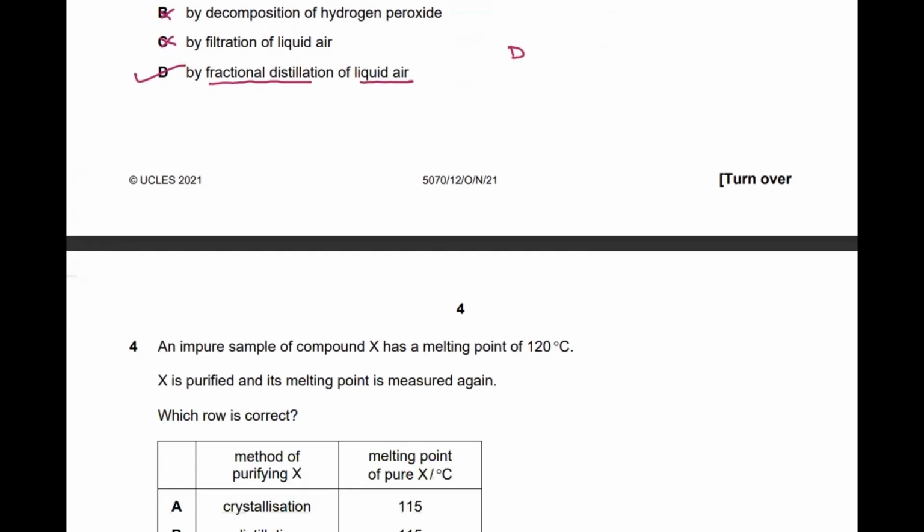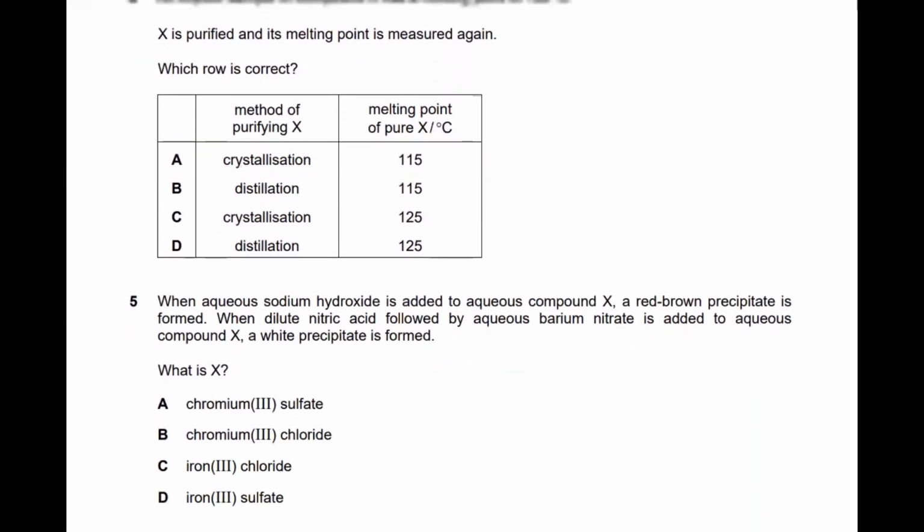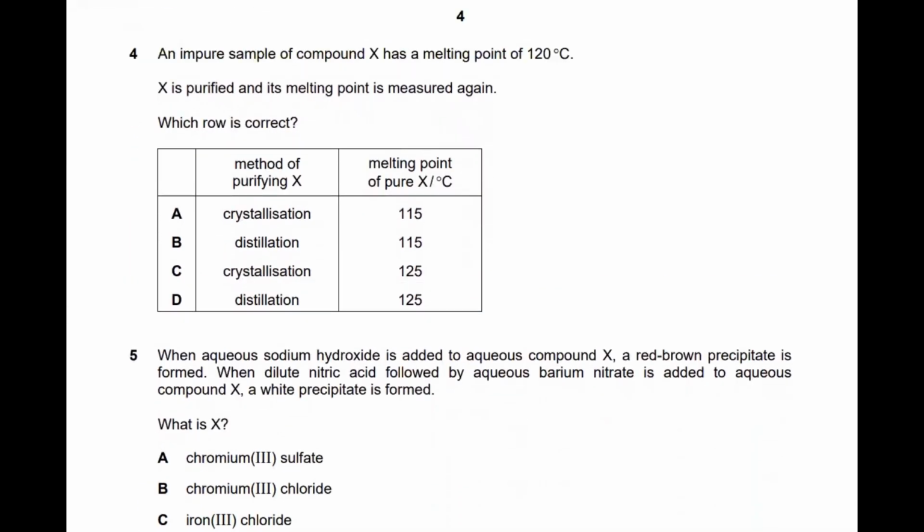Moving ahead, we have question number 4. Question number 4 states that an impure sample of a compound X has a melting point of 120 degrees Celsius. X is purified and its melting point is measured again. Now, before looking at the options, let me tell you, impurities always increase the melting point and decrease the boiling point.